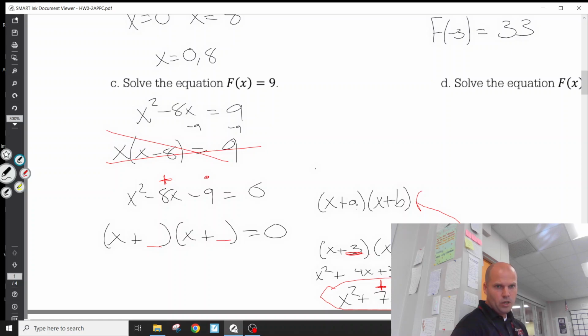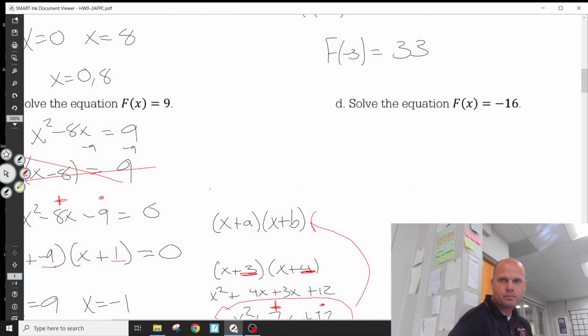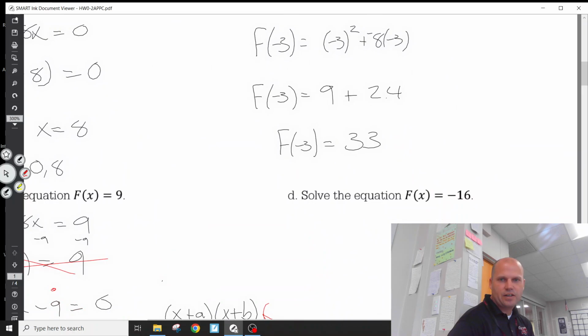So, -9 and 1 add to get -8 and multiply to get -9. Now that we have the factored form, when this piece equals 0, that's when x is positive 9, the whole thing will be 0. When x is -1, when this piece equals 0, we get the other solution, the other 0.